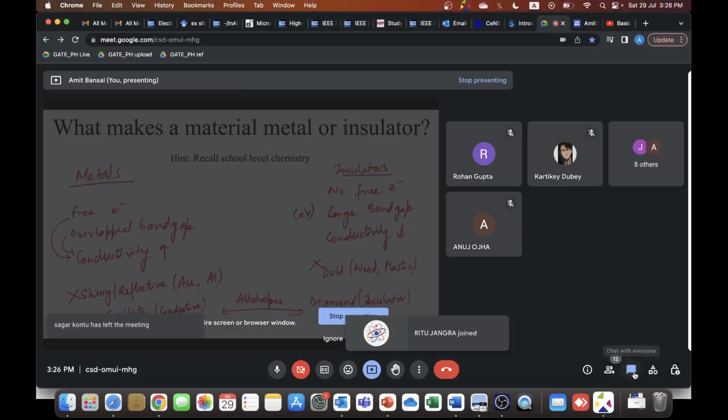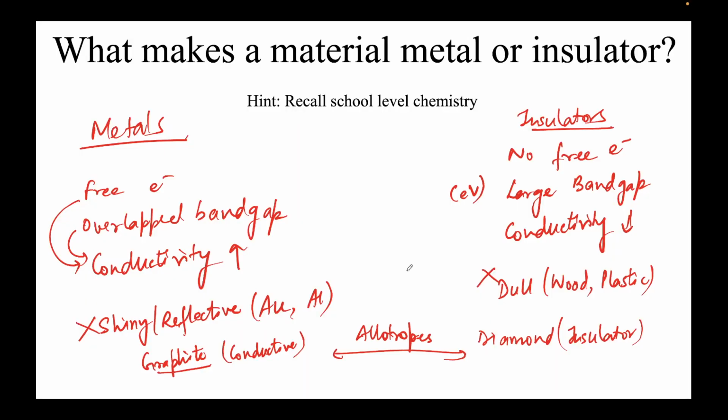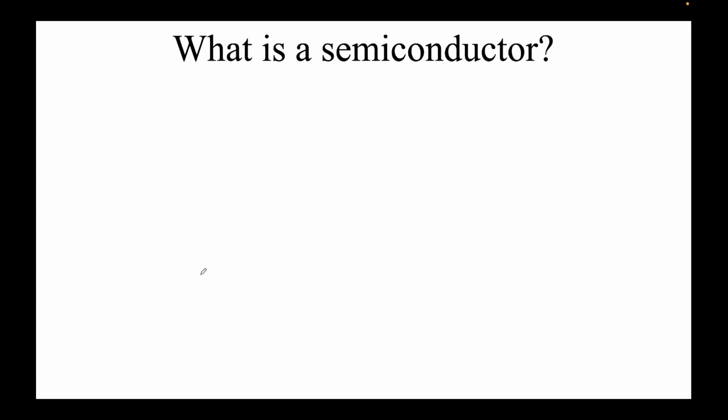But what does happen is that the presence of free electrons and overlapping bands cause a rise in conductivity. So that answers this question partially. We can keep on discussing it for hours, and there'll be no end to this. But let's move ahead with this understanding that we focus on conductivity.